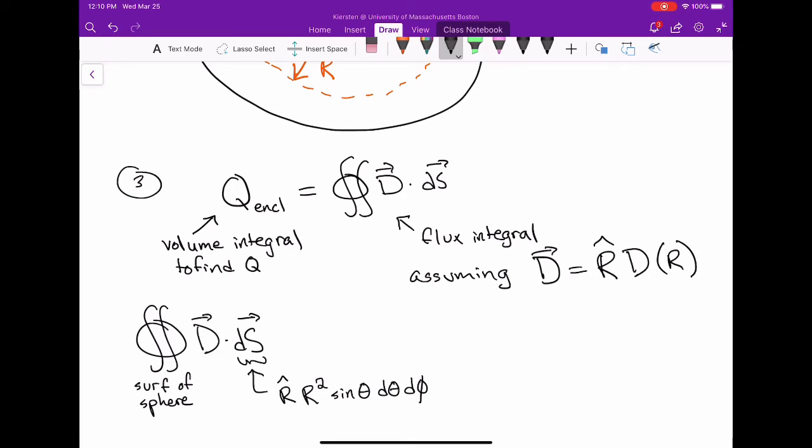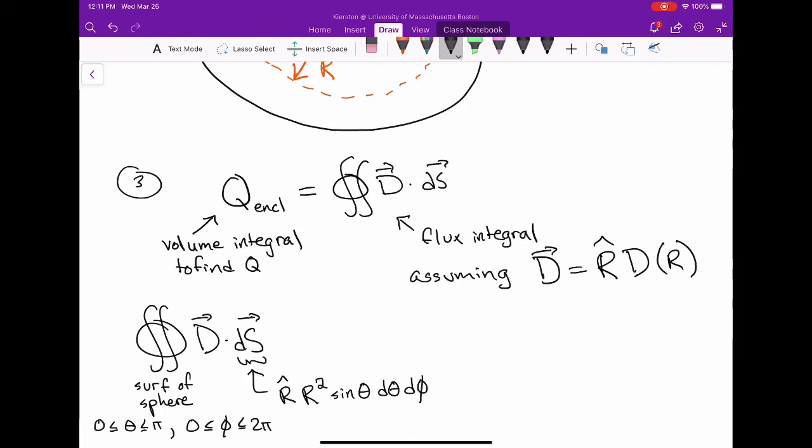So, substituting these two facts in, and the bounds of the surface of the sphere are going to be theta between 0 and pi and phi between 0 and 2 pi.